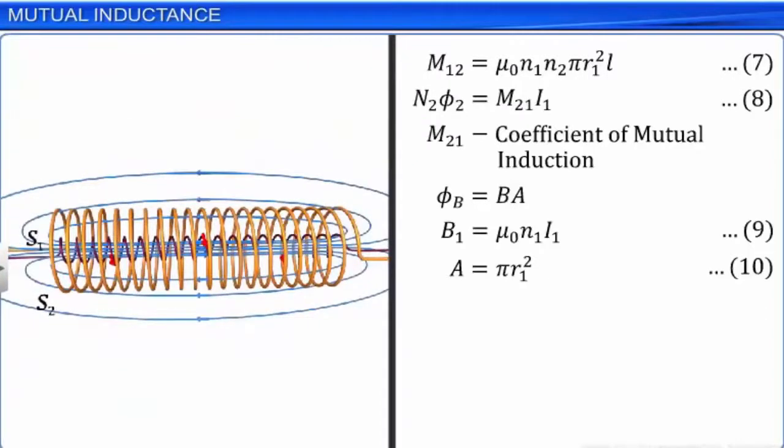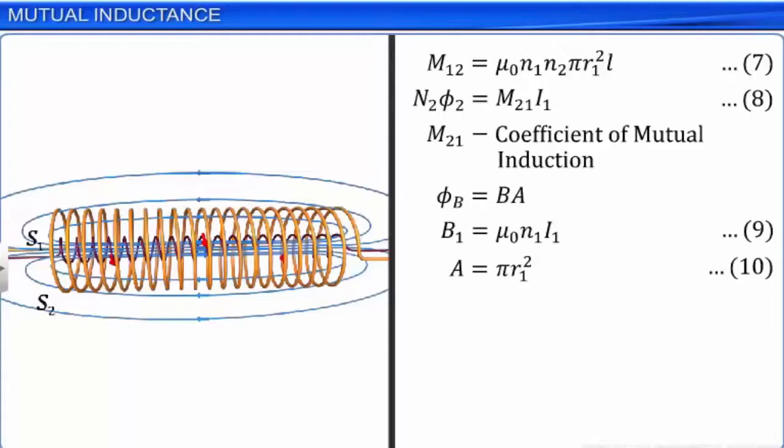On multiplying equations 9 and 10, we obtain the magnetic flux per turn through the coil of solenoid S2 as phi 2 equal to mu naught N1 I1 into pi R1 square. Let this be equation 11.